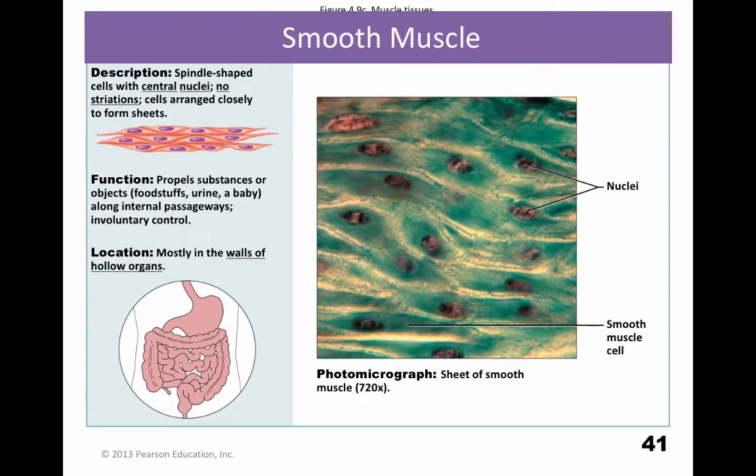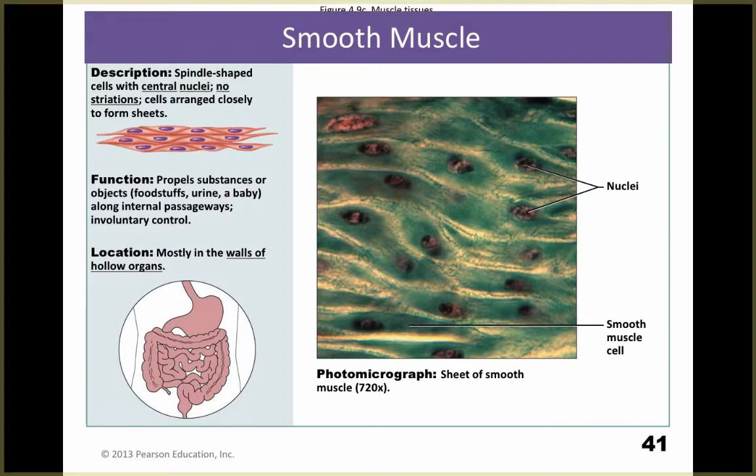And smooth muscle is the last muscle that we'll talk about. It has these spindle shapes. It almost in some ways looks more like a connective tissue than muscle because we're so used to seeing striations, but it's not. So don't be tricked by that. Some people are very much tricked by that, thinking that it's some kind of connective tissue, and we don't want you guys to get that wrong.